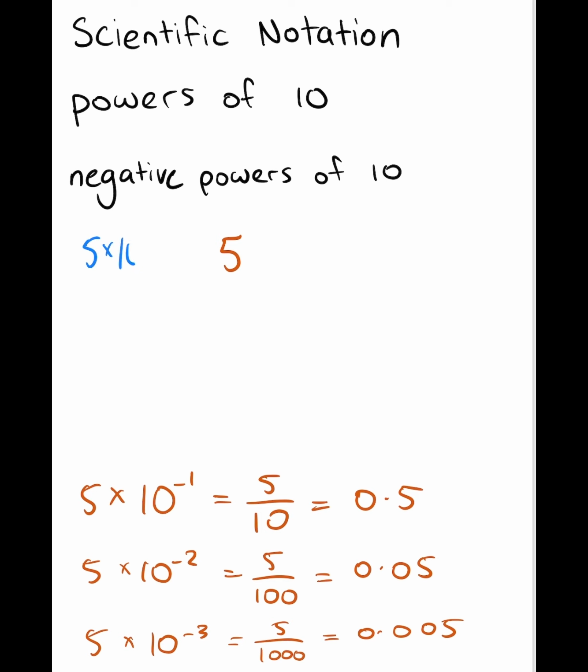So let's look at 5 times 10 to the power of negative 1. What we do is take our decimal after our value and move it backwards. How many jumps? This time we have 1 jump, so we move it back once. So that's going to be 0.5. Always remember to put that 0 before the decimal place. Now, if we increase that to the power of negative 3, that's going to be 3 jumps.